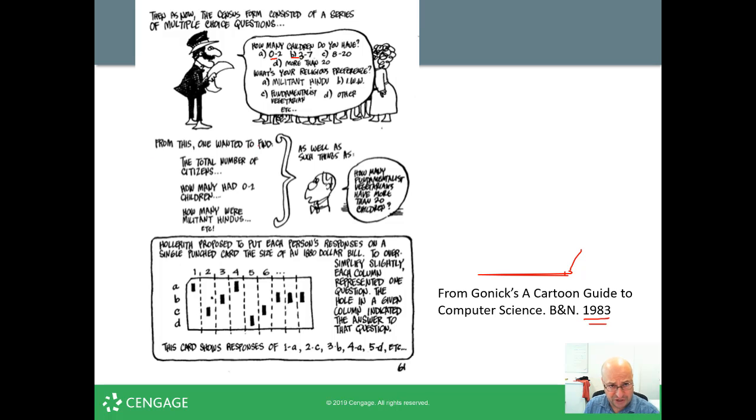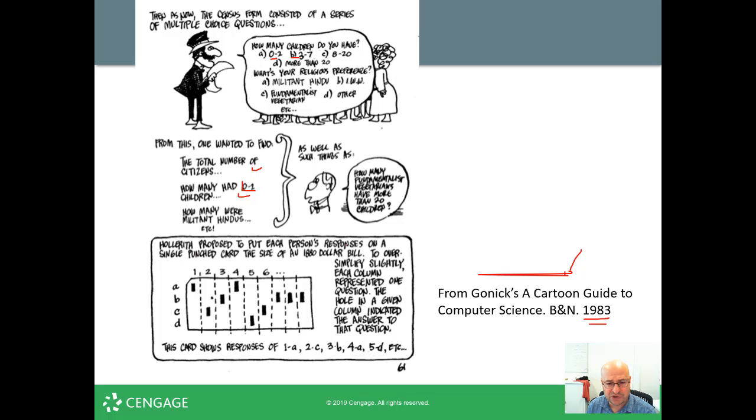From this questionnaire, we want to know the total number of citizens, simple questions such as the number of citizens of the same age that had a specific number of children, how many were militants of a particular religion, as well as more complex questions such as how many fundamentalist vegetarians have more than 20 children in this example.